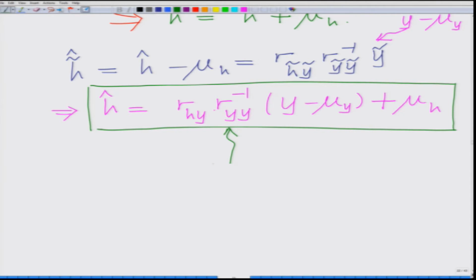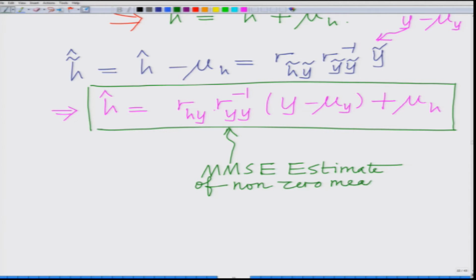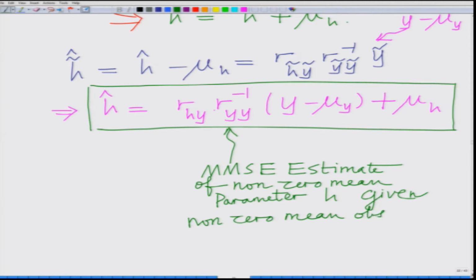This is the MMSE estimate of your non-zero mean parameter h given a non-zero mean observation y.